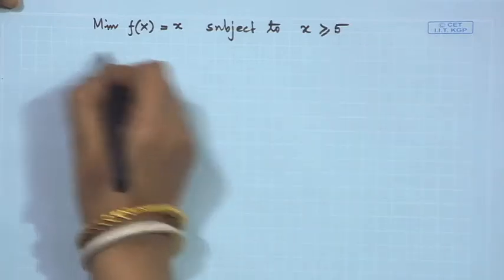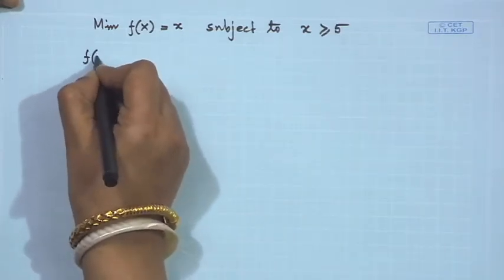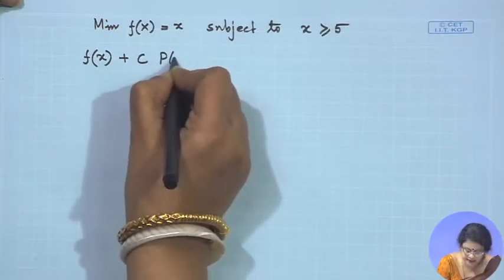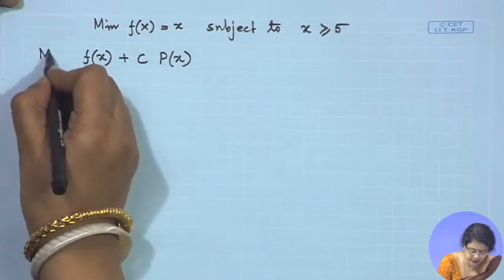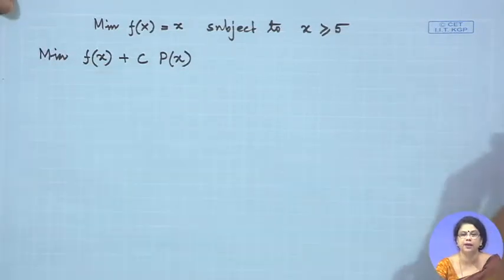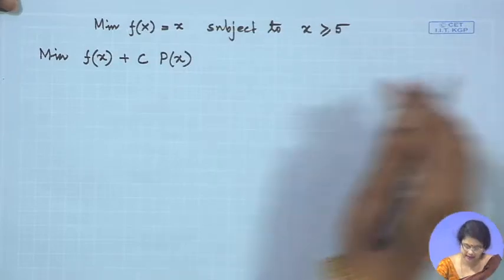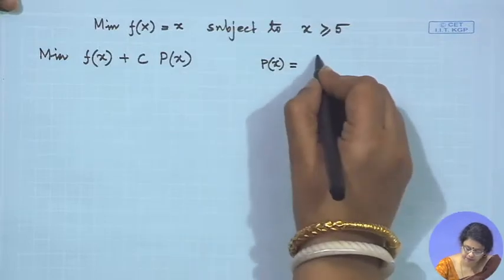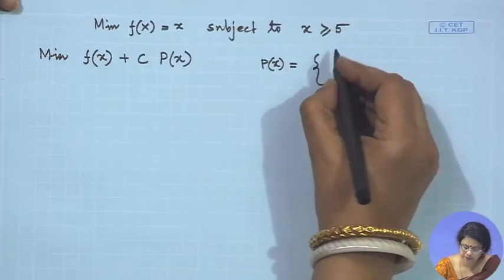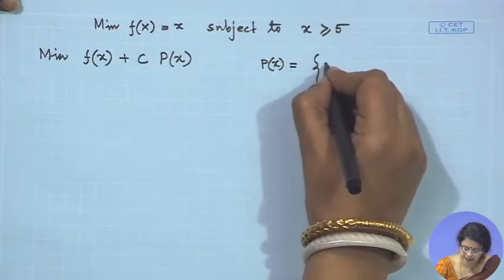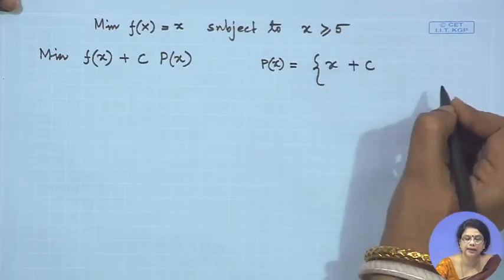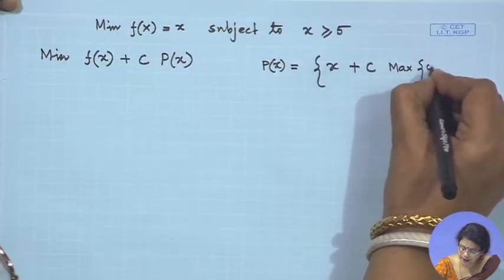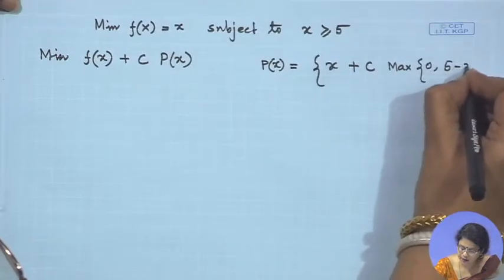Now in the penalty function method, what we do, we convert this problem to f(x) + c p(x). What does it mean? How can p(x) be formulated? Now we may consider p(x) this way: x plus c, where x is the objective function, times max of 0 and 5 minus x.